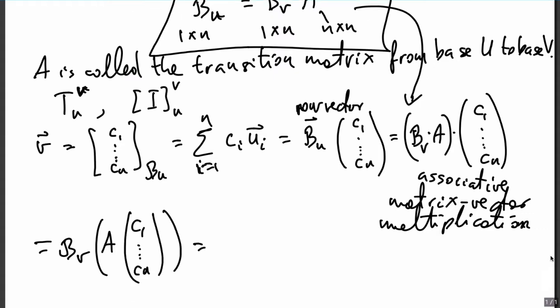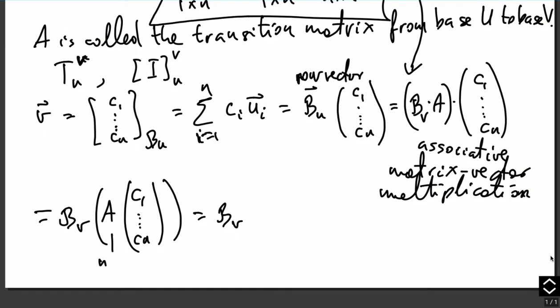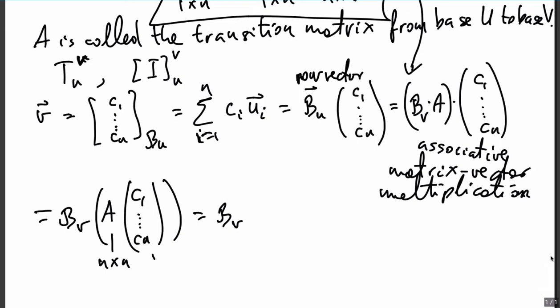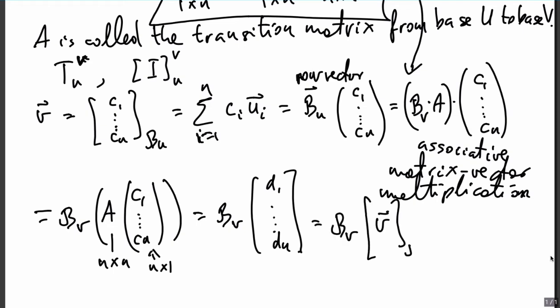This A is an n by n matrix, and this is an n by 1 matrix. So after this we get an n by 1 matrix, that means we get d1 to dn, and this is actually the representation of the vector in the BV basis.